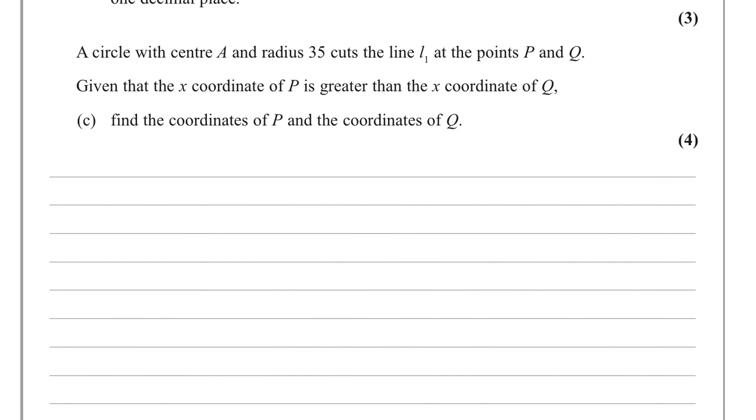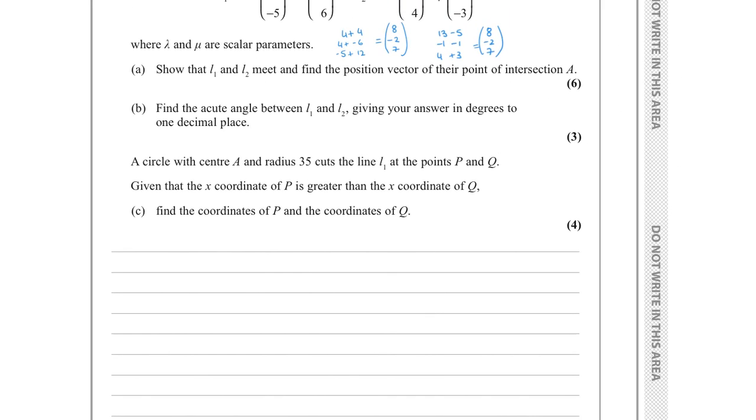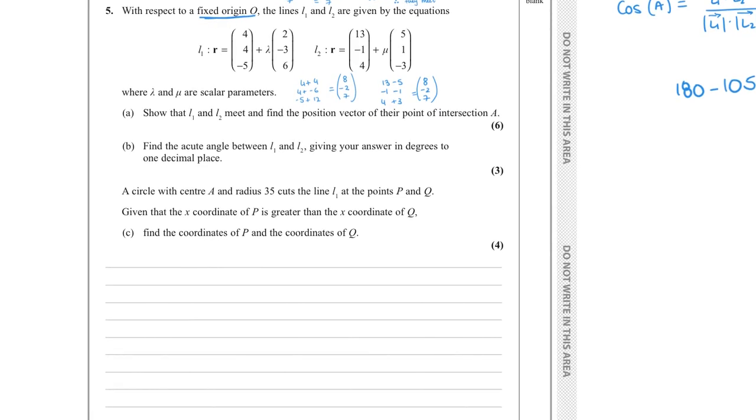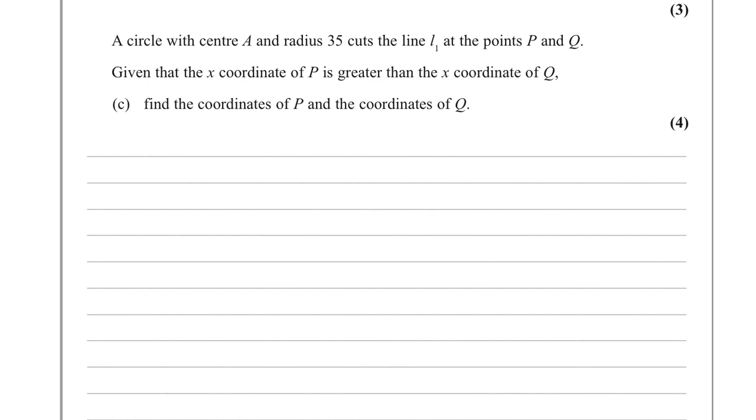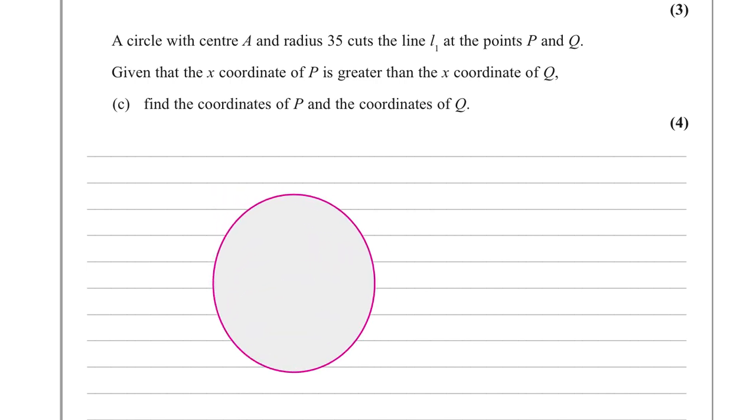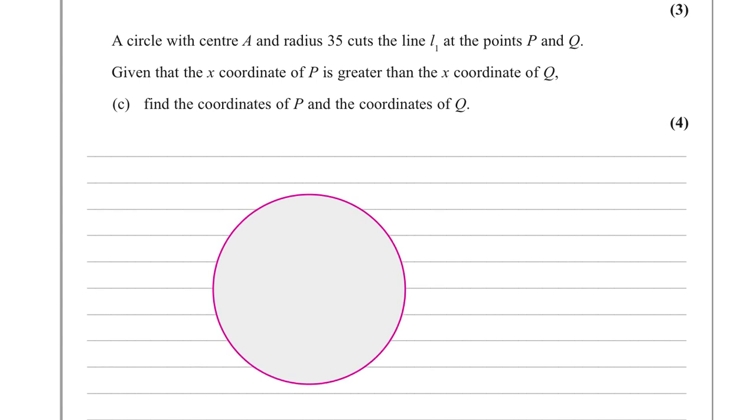A circle with centre A and radius root 35 cuts the line L1 at the points P and Q. What is P and Q though? Okay, so there's a circle. So let's do some drawing first. Okay, so we have a circle, centre A, which we worked out.